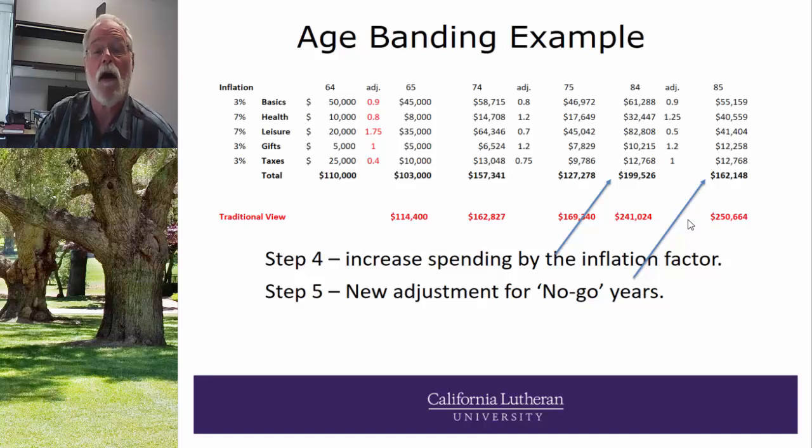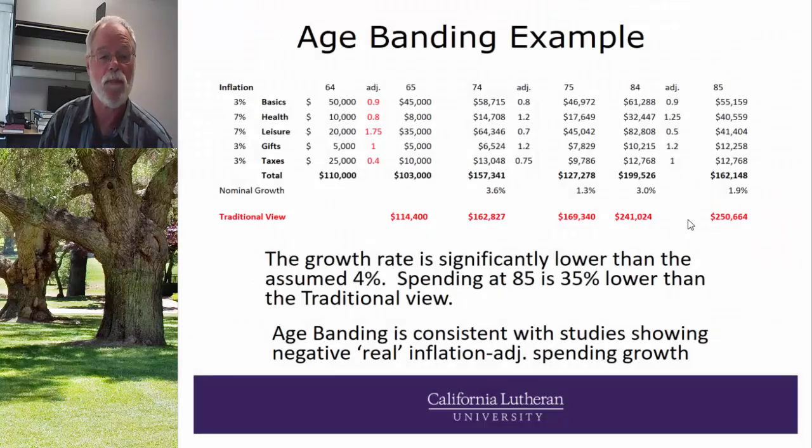But you get the idea that you will have all of these adjustments that will go on that continue to increase healthcare as a percentage of spending as you get to the no-go period. And that leisure spending all of a sudden goes from a very significant portion to a very insignificant portion of the overall spend.